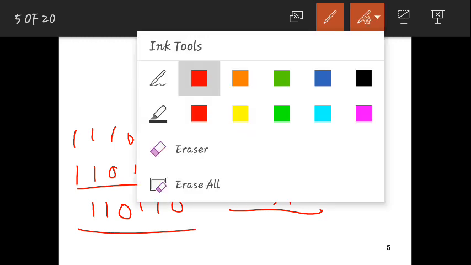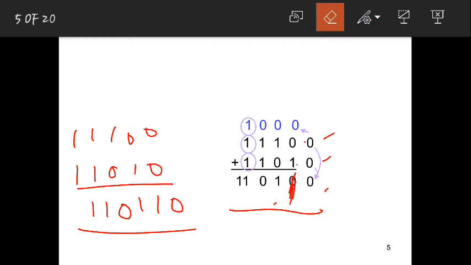Okay, here you will be getting 0 if your question here is 1 and 1. Because 1 and 1 means the result will be 0 with carry 1, then 1 plus 1 is 0 with carry 1, then 1 plus 1 is 0 with carry 1. So here you will get 1 with carry 1.